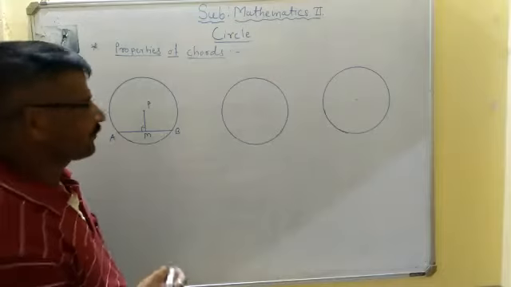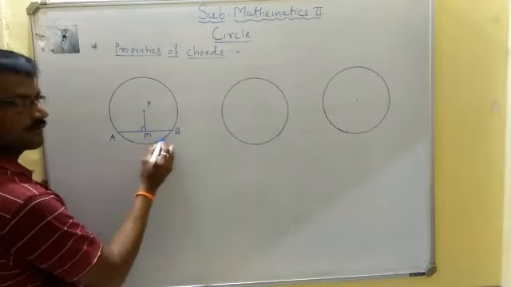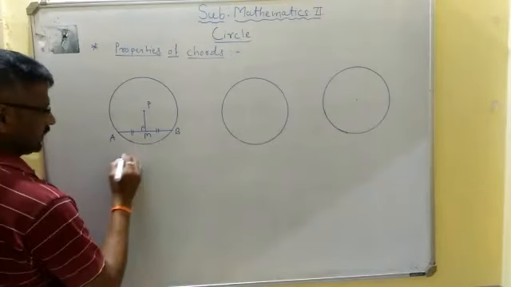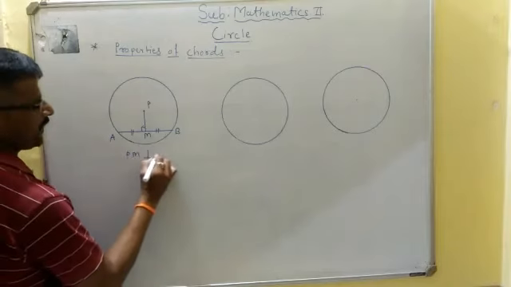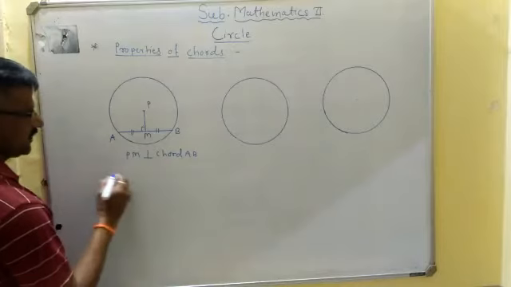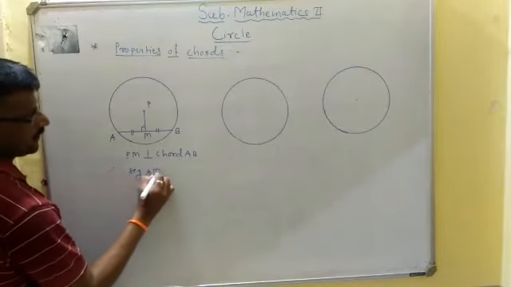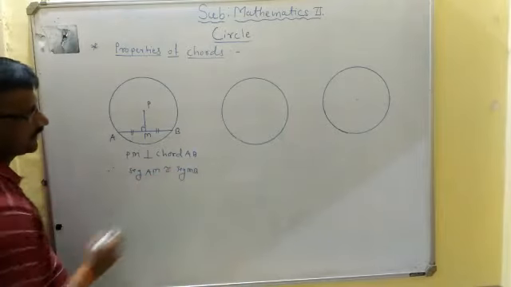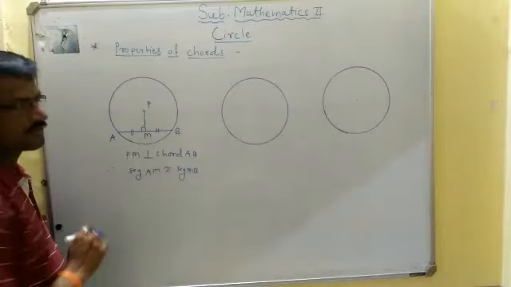When you construct the perpendicular from the center to the chord, then that perpendicular bisects the chord. Here P is the center of the circle and PM is perpendicular to the chord AB. Then segment AM is congruent with segment MB. That means the perpendicular drawn from the center to the chord bisects the chord.